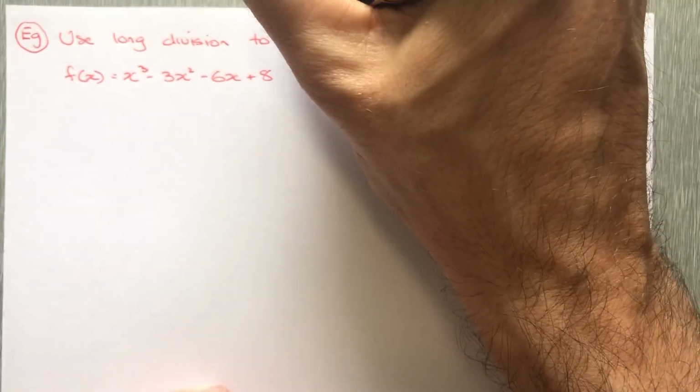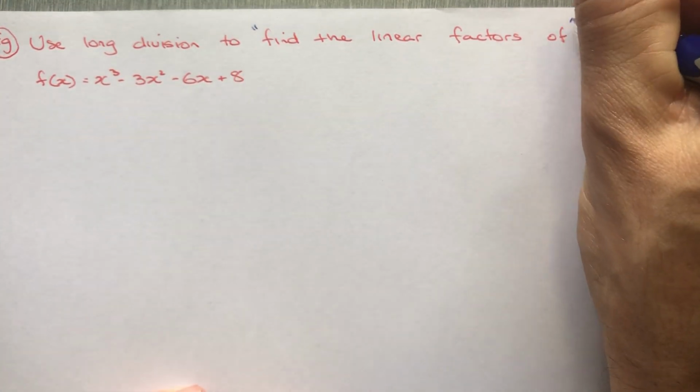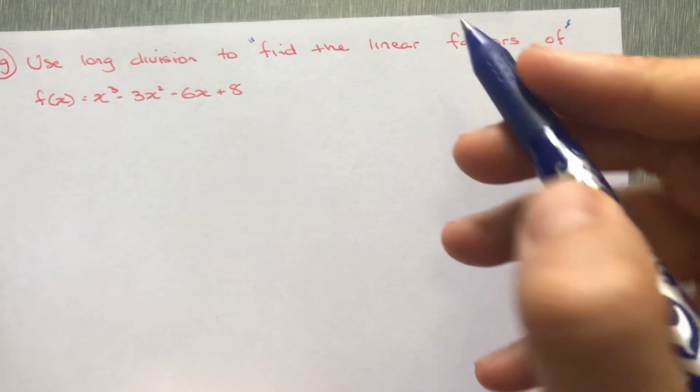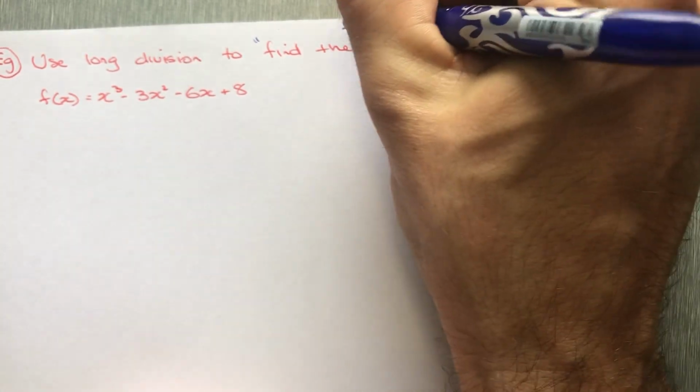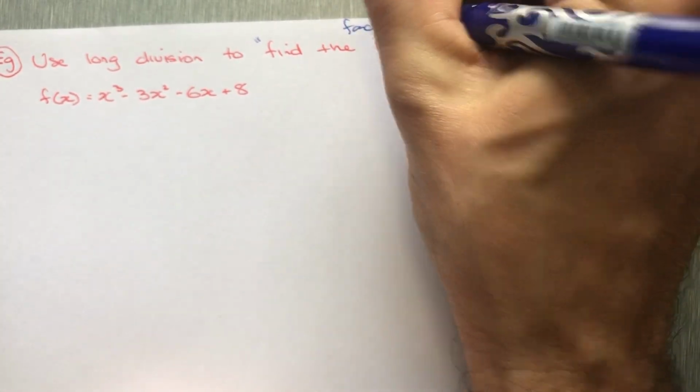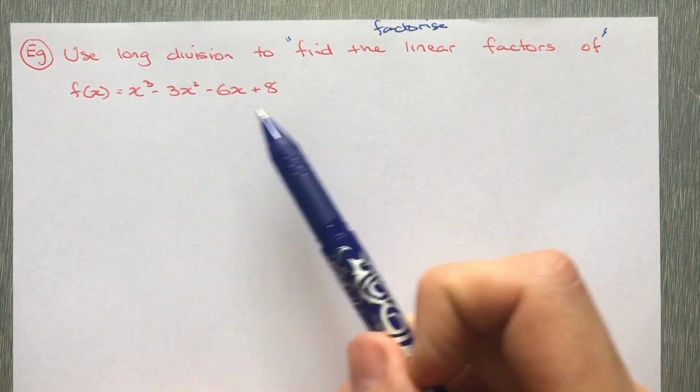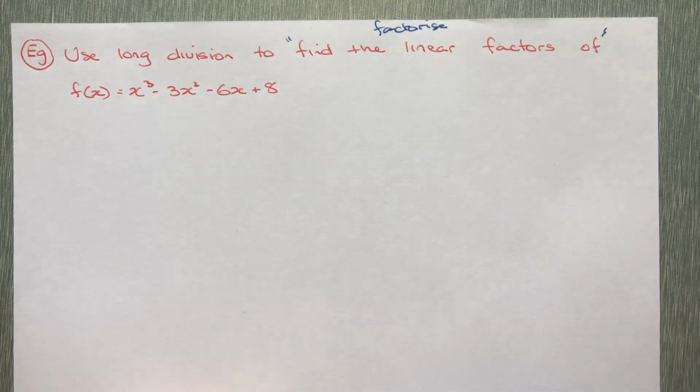Instead of find the linear factors of these words here, it's just factorising. So we're using long division to factorise this polynomial here. Now in order to factorise, we need to end up having things that the remainder is 0.